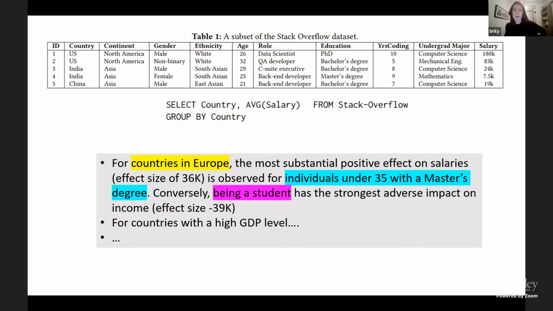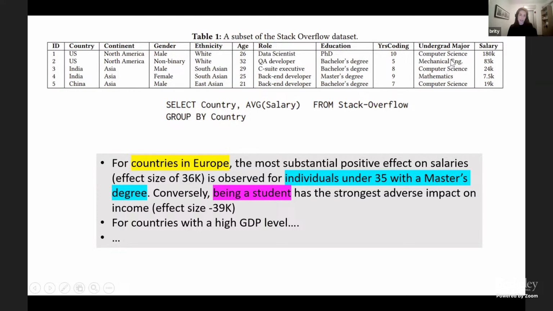So our overarching goal is, given a dataset and a group-by average query, we want to explain the view by a set of causal explanations. For example, looking at this dataset and this query, an example explanation for a subset of tuples in the query result, in this case countries around the world, is to say that for countries in Europe, being an individual under the age of 55 with a master's degree positively affects the salary.